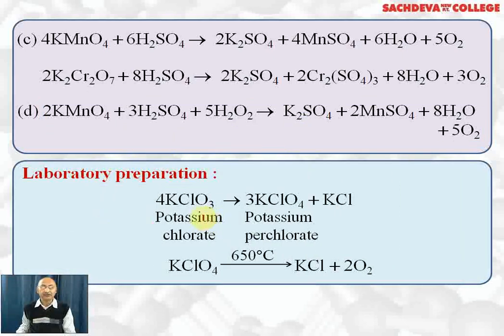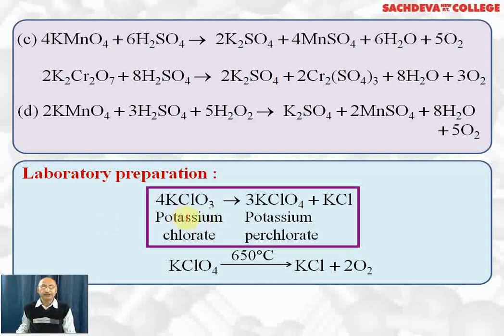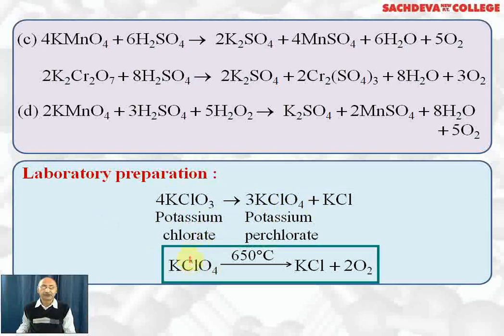Laboratory preparation: we can also heat potassium chlorate and it can undergo a disproportionation reaction to form potassium perchlorate plus potassium chloride. This is on strongly heating. If we heat KClO4 further, we will get KCl plus oxygen. So ultimately we can get potassium chloride and oxygen gas at 650 degrees centigrade.